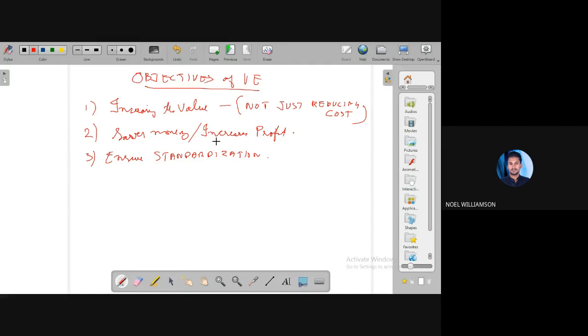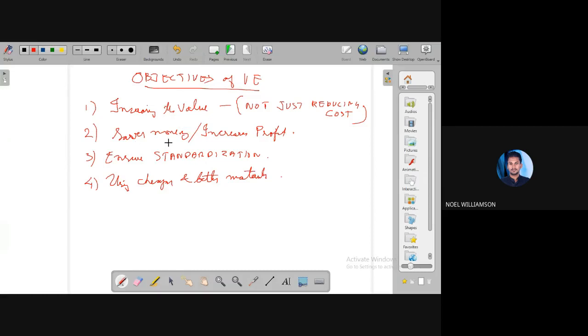How we can make the products or the operations standard or according to some basic set standards, we can ensure the standardization. Then using cheaper and better materials.